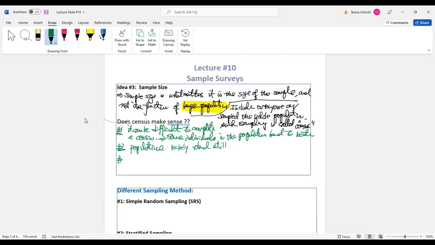Okay, so number 3 is here, taking a census.